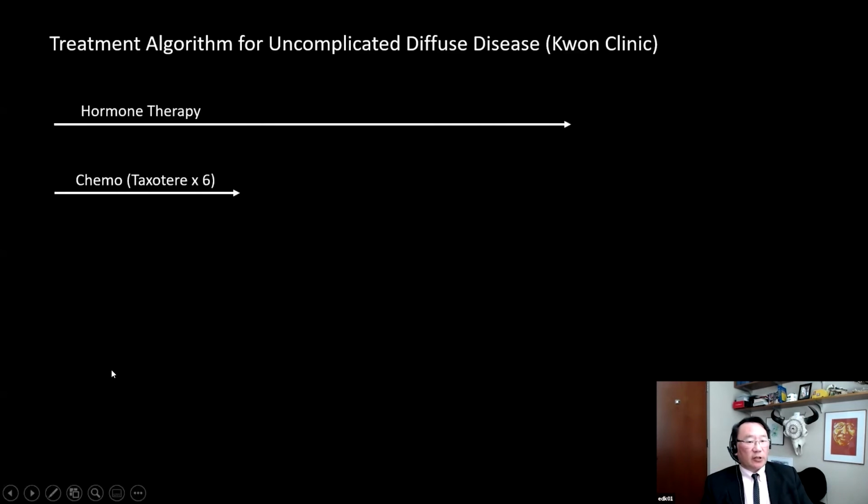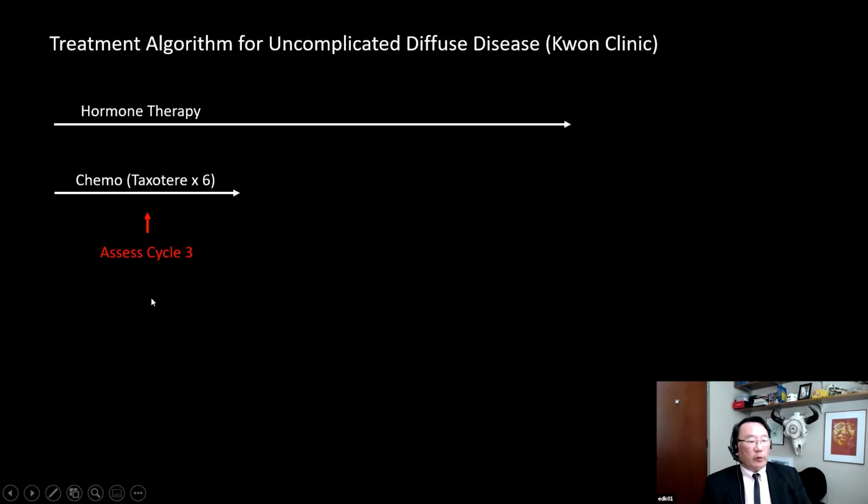Each time you get it, it's called a cycle. We typically ask for 6 cycles of treatment, but we always check patients after the 3rd cycle just to make sure that the hormone therapy and the chemotherapy is working. Nothing's worse than going through 6 cycles of chemotherapy and finding out nothing is happening.